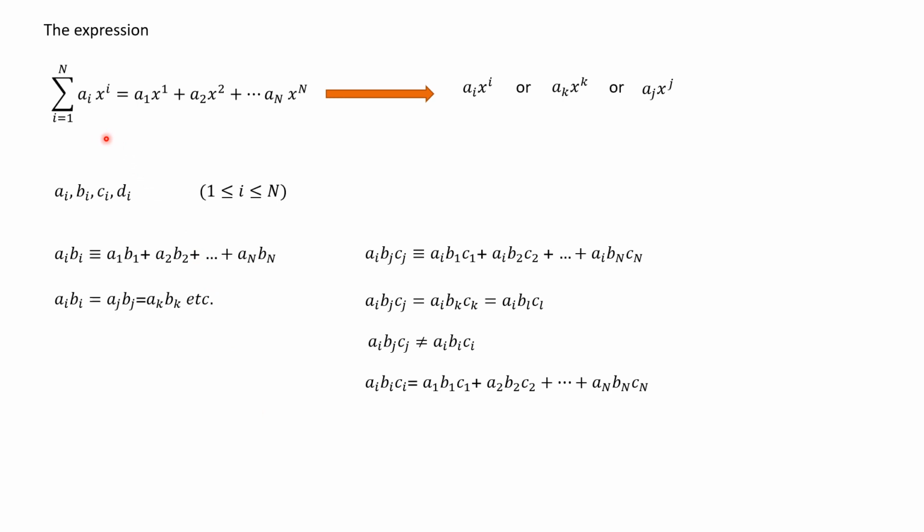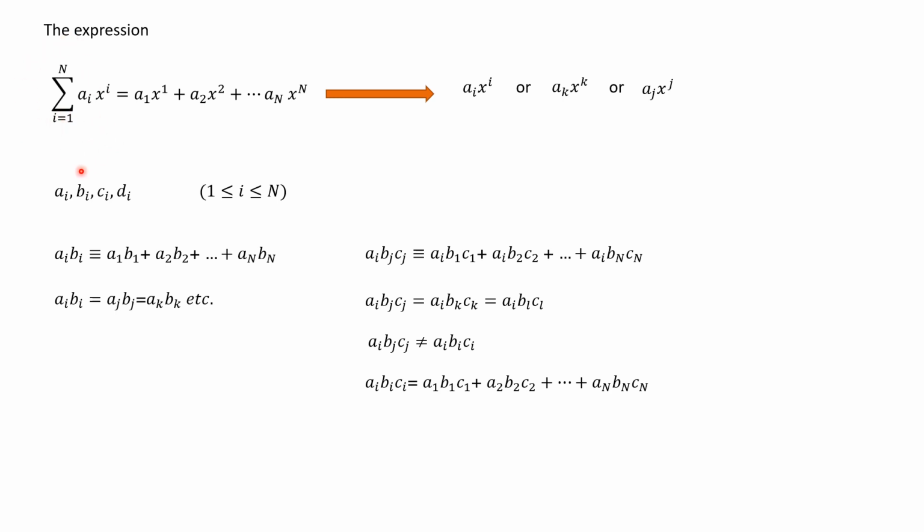So let us consider some other examples to understand free index and dummy index. Now let us consider this expression: summation I equal to 1 to capital N of a subscript I and x superscript I, which is equal to a subscript 1 x superscript 1 plus a subscript 2 x superscript 2 plus and so on, a subscript n x superscript n. Here the index I is repeated more than once in a term, and hence according to Einstein's summation convention we can conveniently drop this summation symbol.